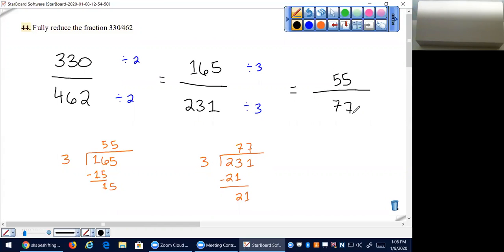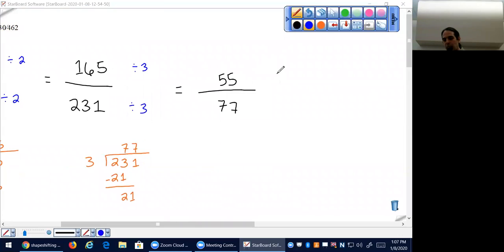Okay, so far so good. 11, yeah, the 11 wasn't visible before. There's no easy rule for 11, but now that I have 55 and 77, I can go 5 sevens.